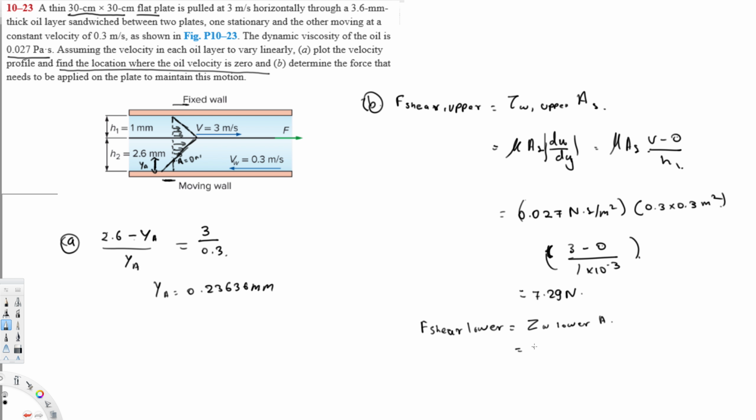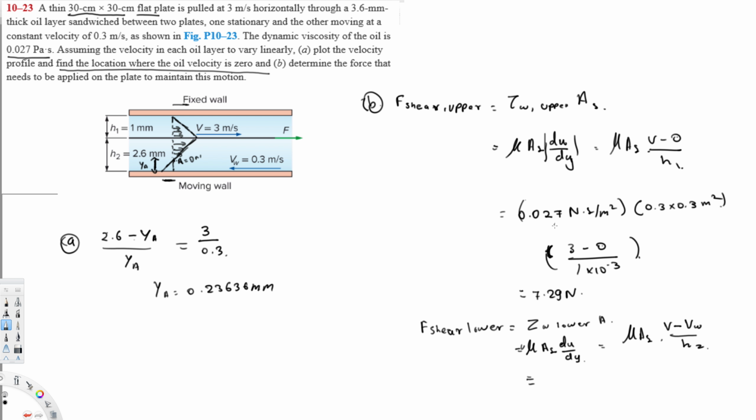Shear stress can be written as mu times area times du by dy. Then we plug in all the values. Here we have the wall's velocity, so that's going to be deducted: V minus V_w divided by h2 right here. Let's put all the values.